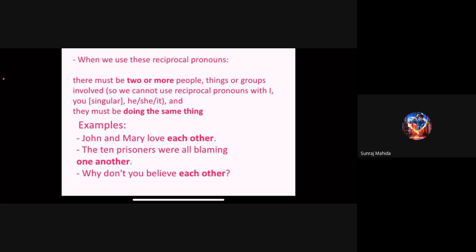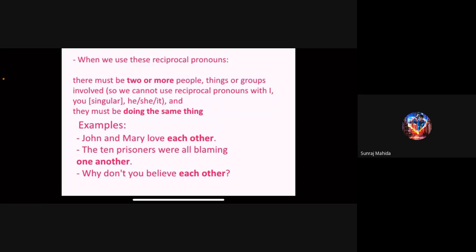When we use these reciprocal pronouns, there must be two or more people, things, or groups involved, so we cannot use reciprocal pronouns with I, you singular, he, she, it, and they must be doing the same thing.